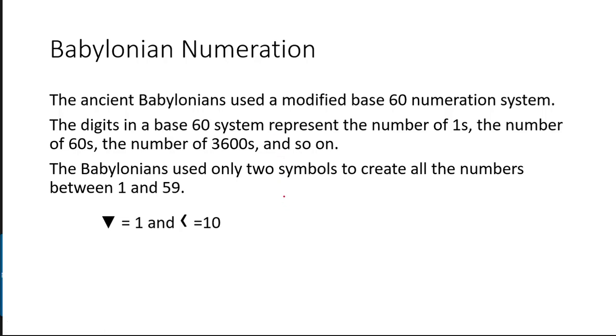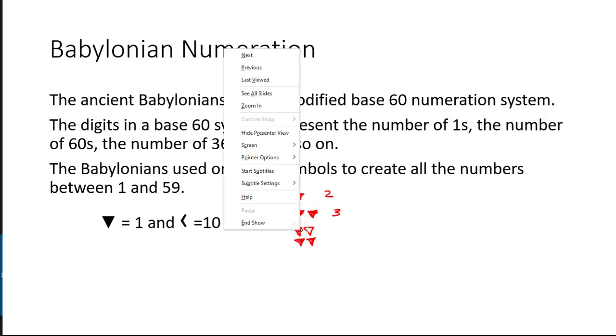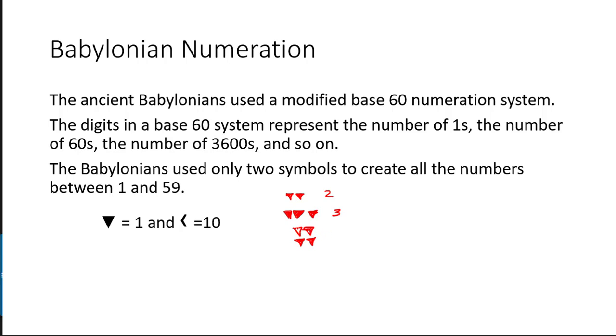For example, the number 2 would be 2 inverted triangles, and the number 3 would be 3 inverted triangles. And sometimes they wrote them straight across like this, and other times they grouped them into two rows, one on top of the other, just to save space. So here, this might be one way to write a 4, and so on.